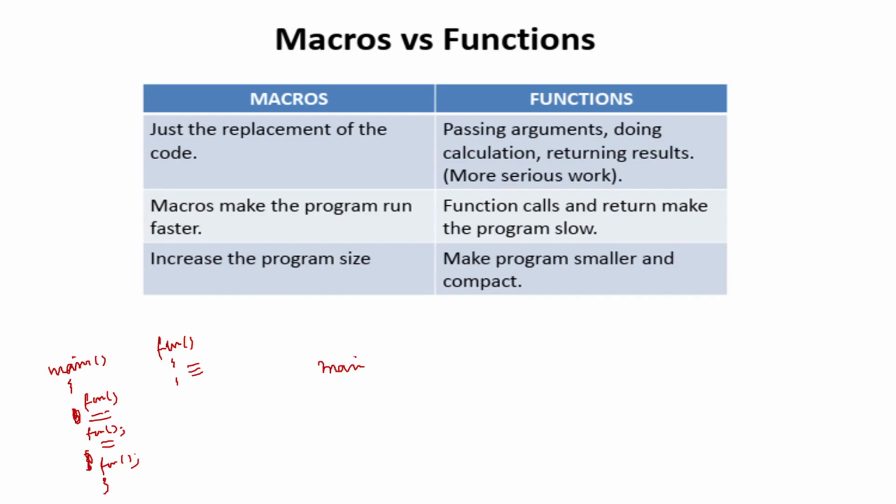From main, the function will be called the first time, and then it will return back. The second time, function fun will again be called from main, and again it will return back. I'm just keeping a number so that we can realize how many times this is happening. And the third time, the function fun will get called again.